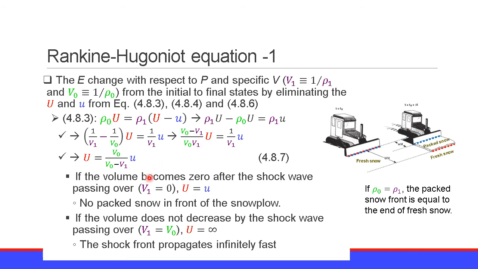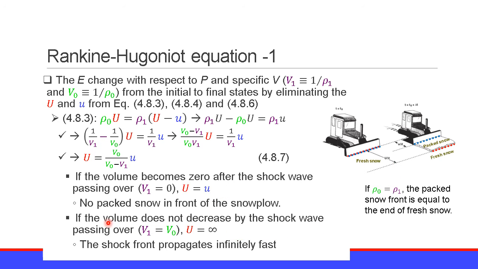If the volume becomes zero after a shock wave passes over, namely volume 1 equals 0, then there is no packed snow in front of the plow. Therefore, the front of the shock wave is at the same position as the plow. As a result, the shock velocity and particle velocity become equal.